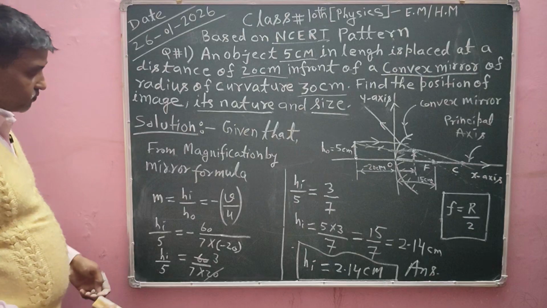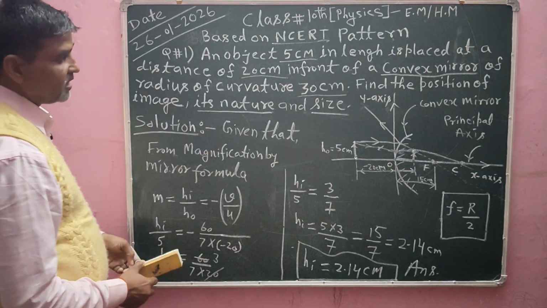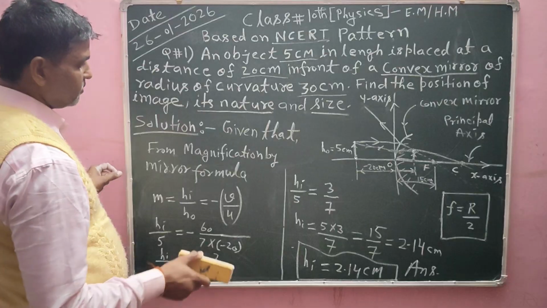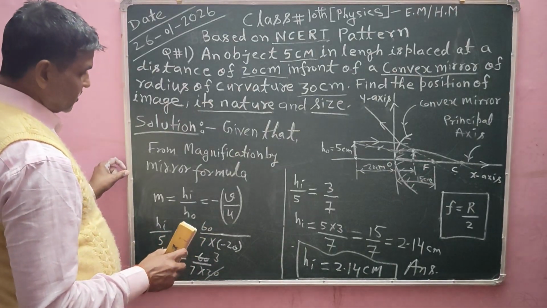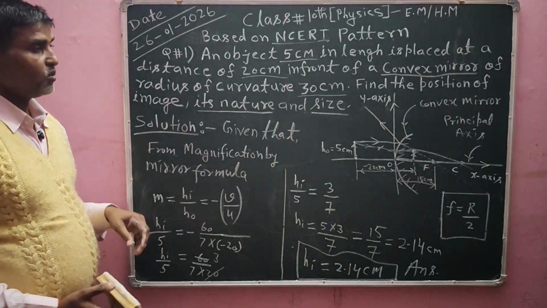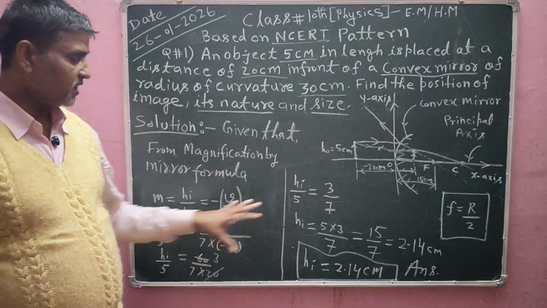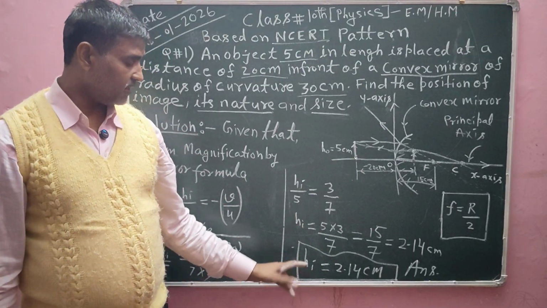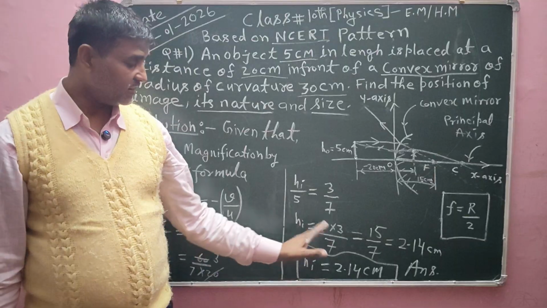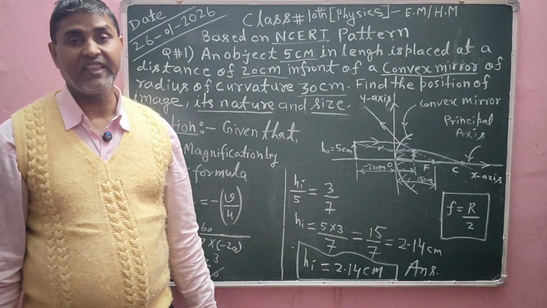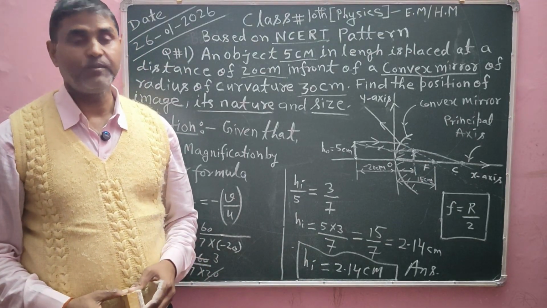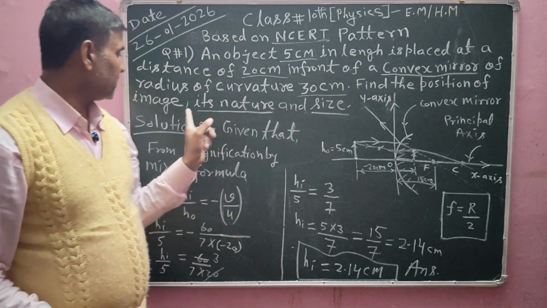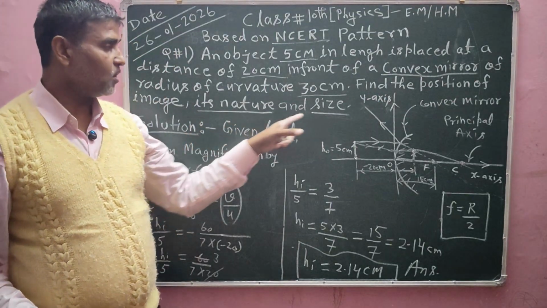So I have to write the nature of the image. First of all, I am going to explain this portion and this portion, and then I will erase all this information, and then I will explain each and every topic, that is the position of the image, its nature, and also its size.